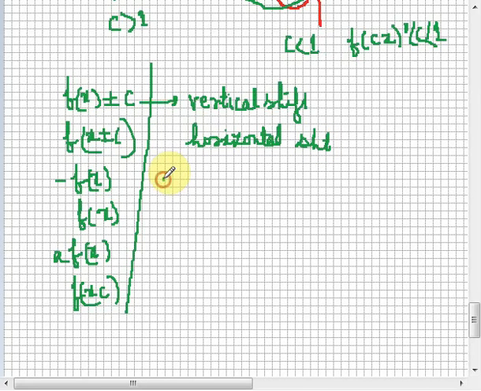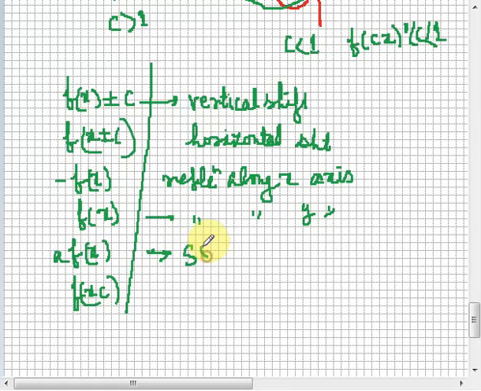This is reflection along the x-axis. This is reflection along the y-axis. a f(x) means S and C vertically. S and C means stretch and compress. This is S and C horizontally.